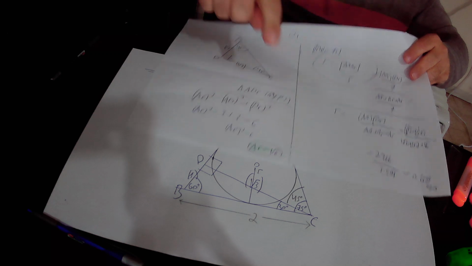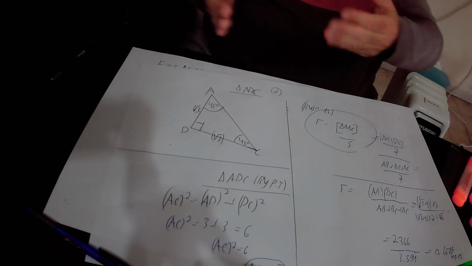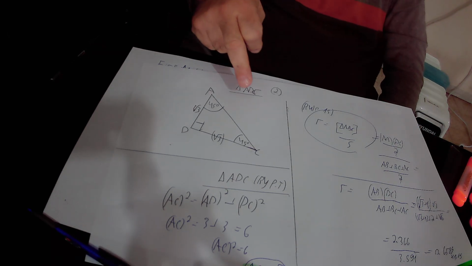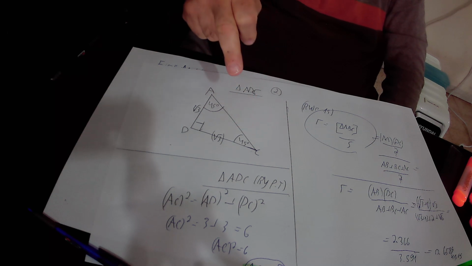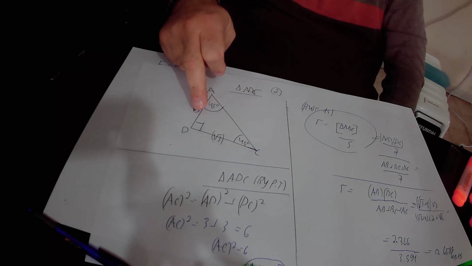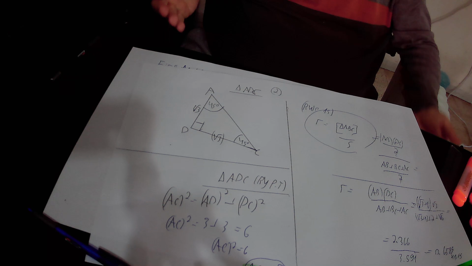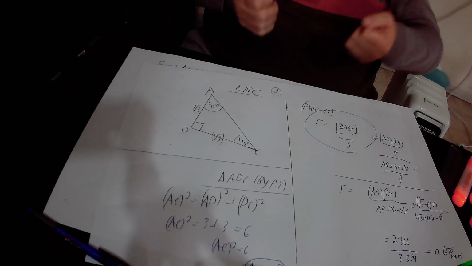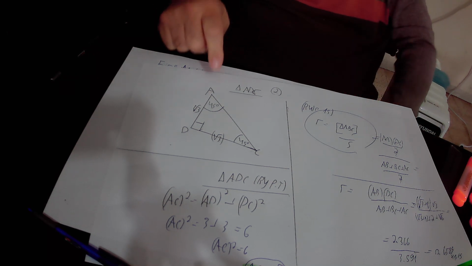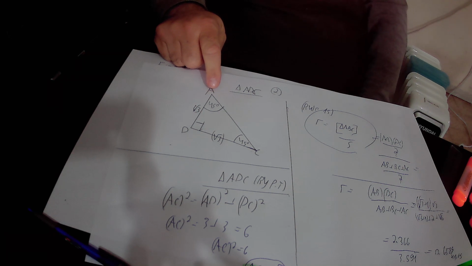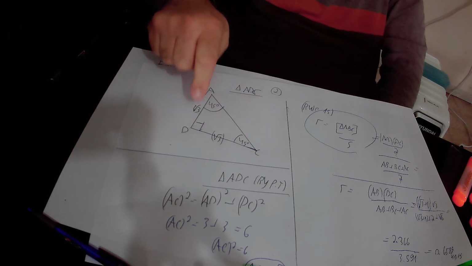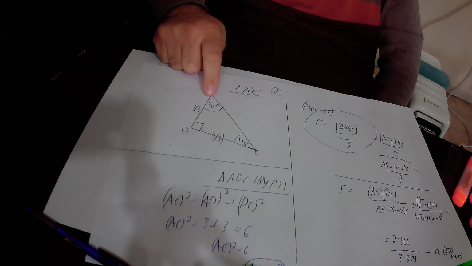So in the right triangle ACD, this angle equals 45 degrees and this angle equals 90 degrees. 45 degrees plus 90 degrees is 135 degrees. Therefore, in order to complete the sum of the angles in this triangle to 180 degrees, the missing angle here must equal 45 degrees.